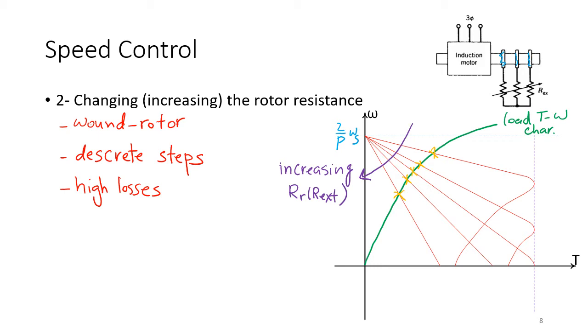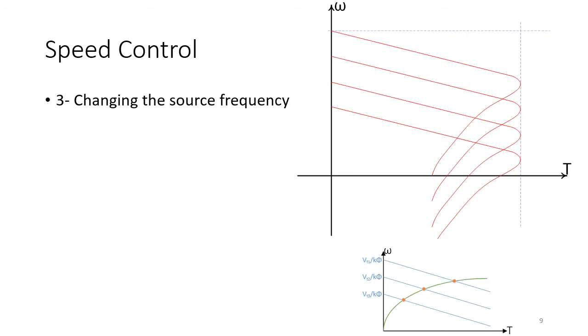But it doesn't mean we are hopeless with the induction machine. In fact, we have some very effective solutions. One is changing the source frequency, omega s. But by changing omega s, we should remember that we have some concern about the flux in the machine. We want to prevent any saturation, and flux is related to ES over omega s. We want to keep ES over omega s constant to prevent any kind of saturation.